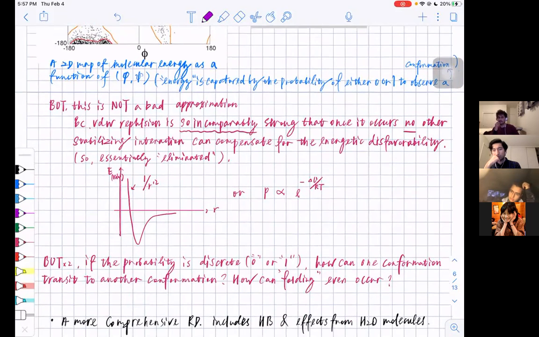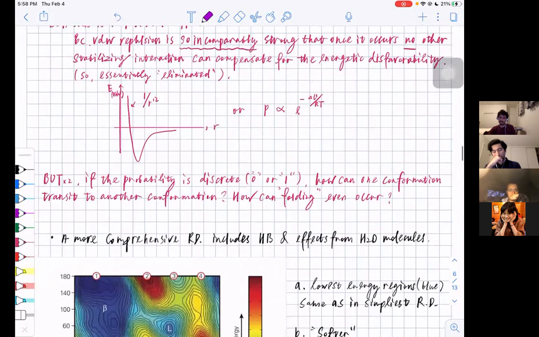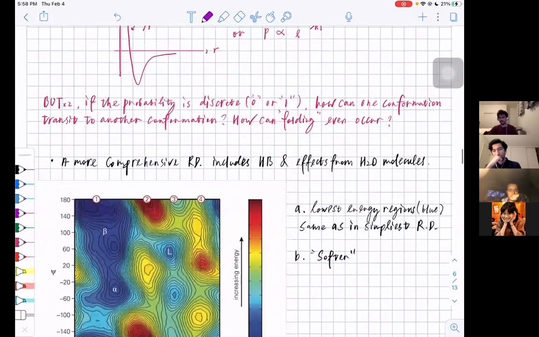But if you think in terms of protein folding, you can notice something weird, because if the probability is discrete, meaning it's either 0 or 1, how can folding actually happen? So a more comprehensive energy diagram involves other kinds of interactions, like hydrogen bond interaction with water.